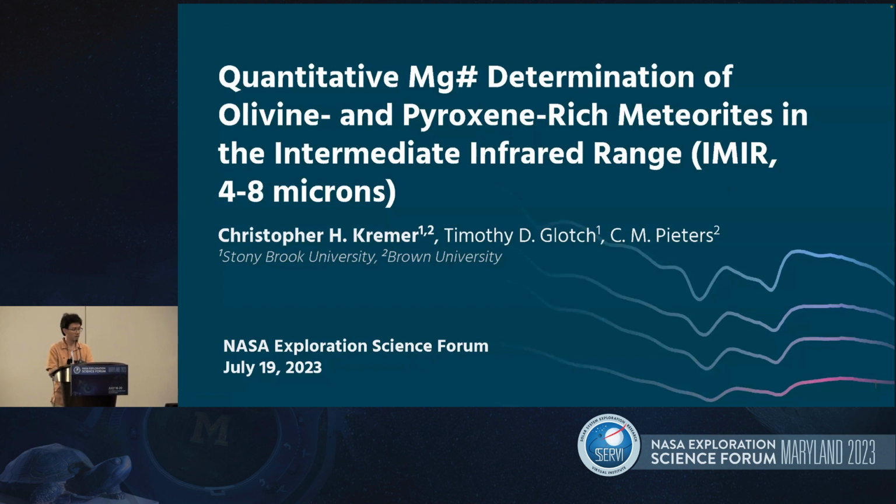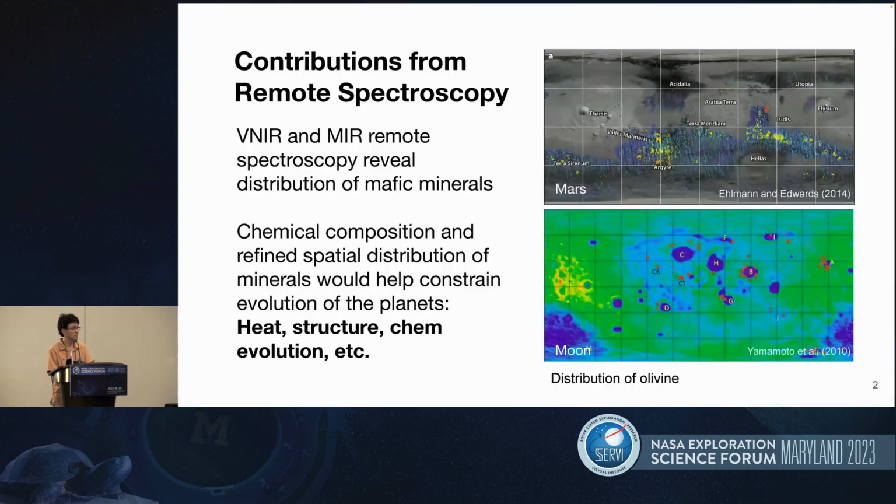So today I'm going to talk about my work on the intermediate infrared wavelength range. Many of the people in this audience are probably familiar with the abundant contributions of visible near-infrared and mid-infrared remote sensing to the detection of minerals across the surface of the moon and other planetary bodies.